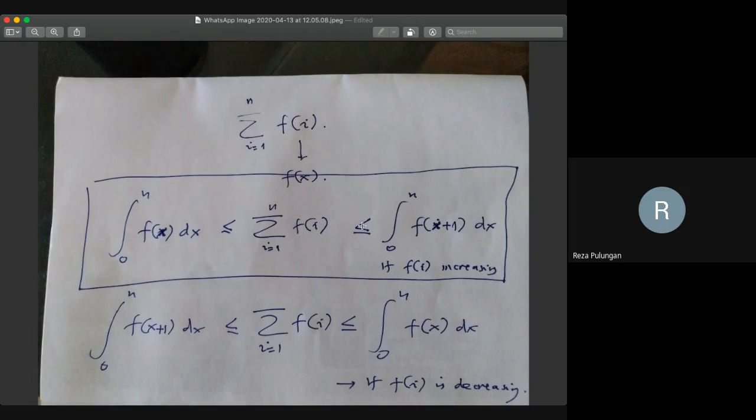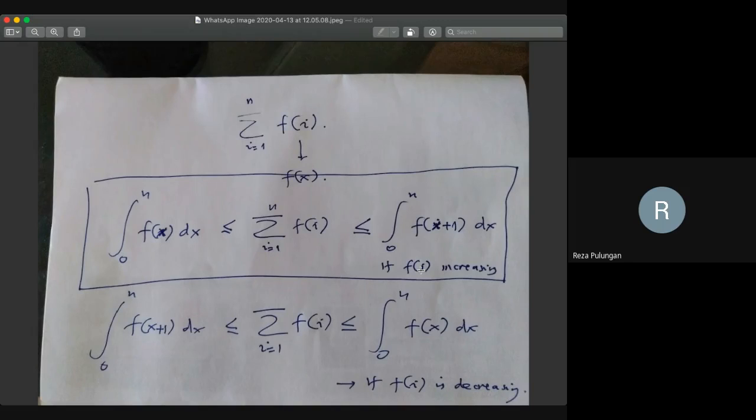This summation will be less or equal to the integral from 0 until n of fx plus 1 dx, and it's larger or equal to the integral from 0 until n of fx dx. But there is a catch: this is only when fi is increasing.